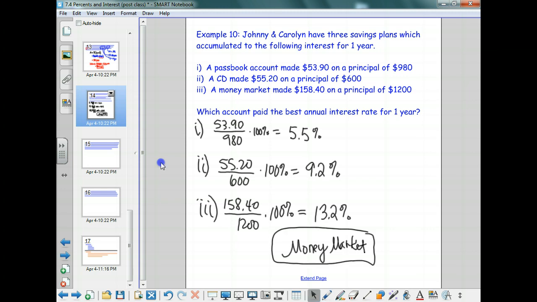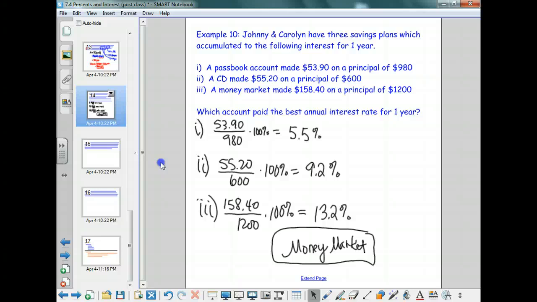Now, let's take a minute and change the description of this, so you can think about what would happen if this problem had been presented a little differently. Let's say instead of a passbook account, a CD, and a money market, i.e. things that are all making us money, we had a car loan, a credit card, and a student loan.